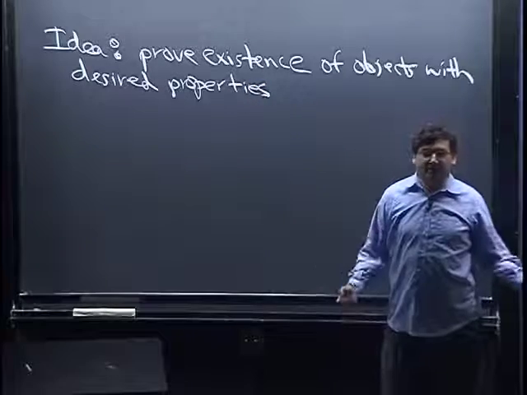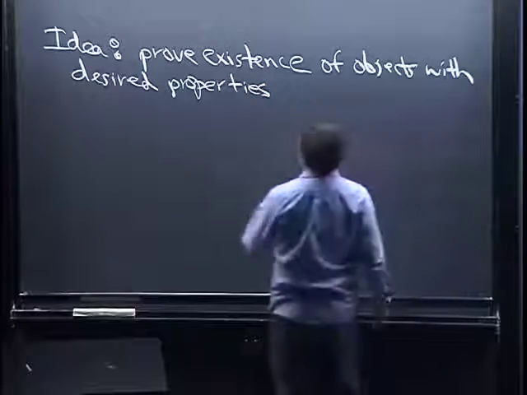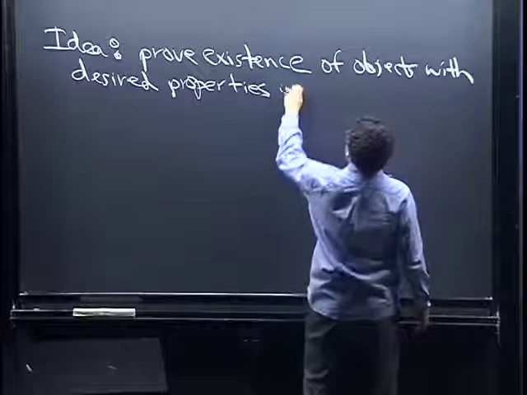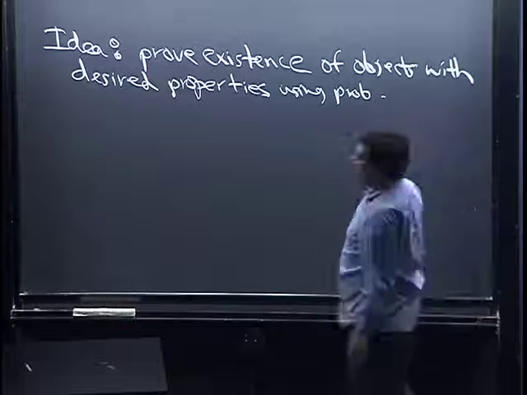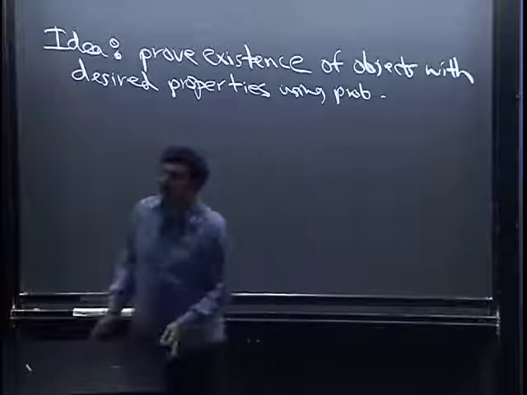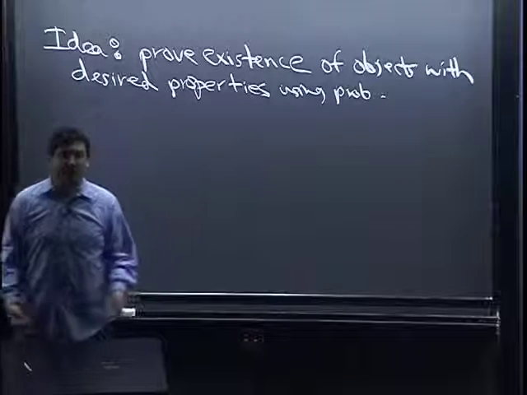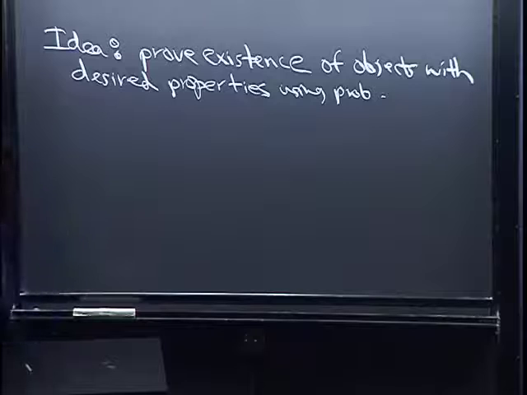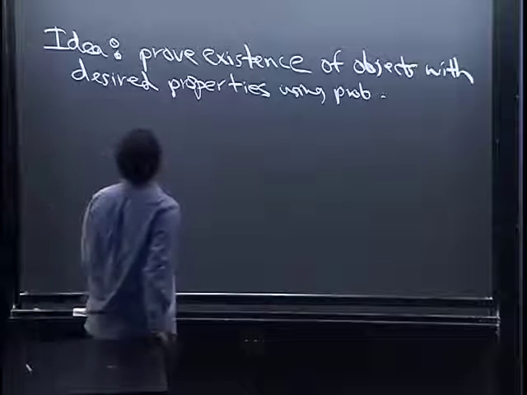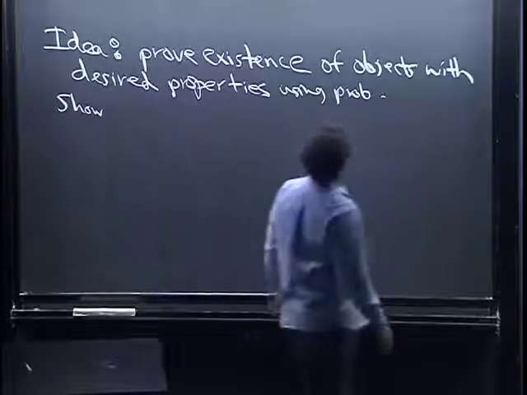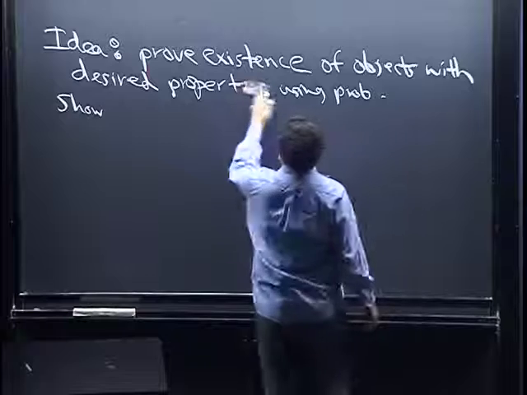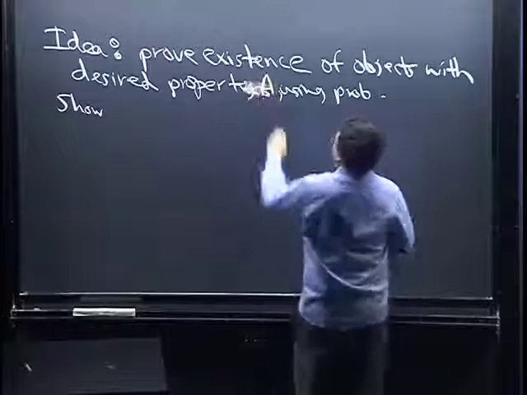Let me just tell you mathematically what the idea is. I want to show that an object with a certain property exists. One way to show that would be, let's say, desired property A. That is, A is some property.